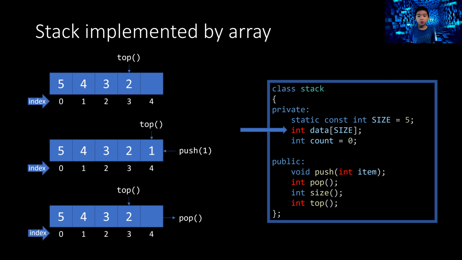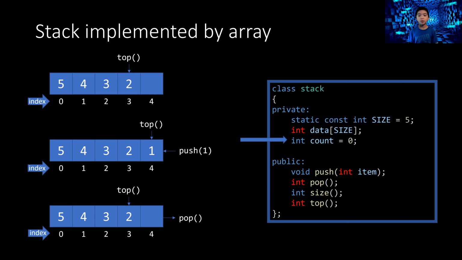Then we create an integer array of size 5. We don't need to initialize this. We use another variable, count, to keep track of the number of elements in this array. This count will be updated every time the array is updated. At the very beginning, there's nothing in this array, so the count is equal to 0.